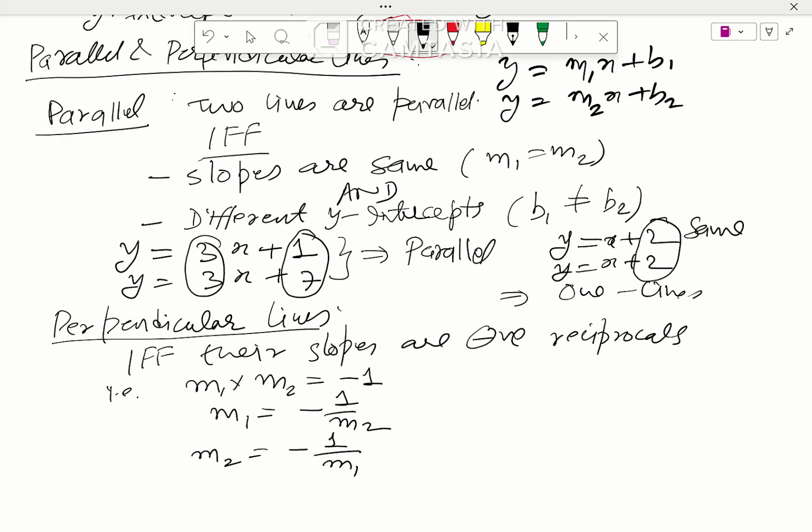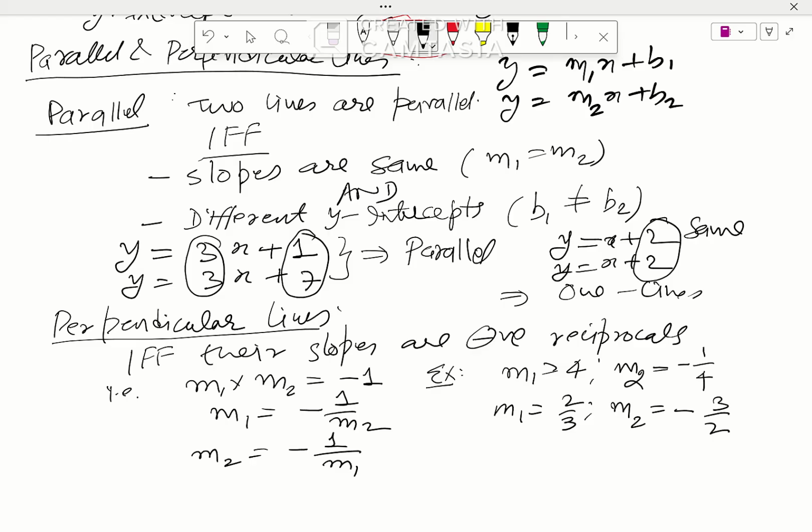Okay. Example, if your m1 is 4, what will be the slope of a line which is perpendicular to this one? It will be minus 1 by 4. And if m1 is, let's say, 2 by 3, what will be m2? Negative reciprocal, 3 by 2.